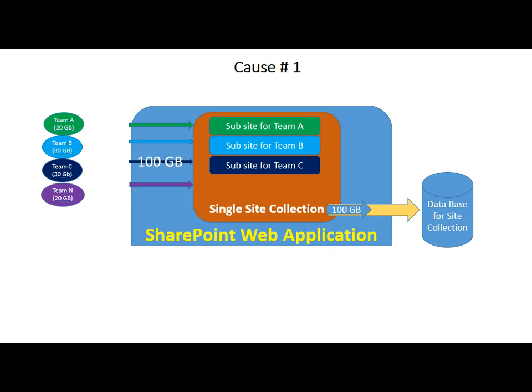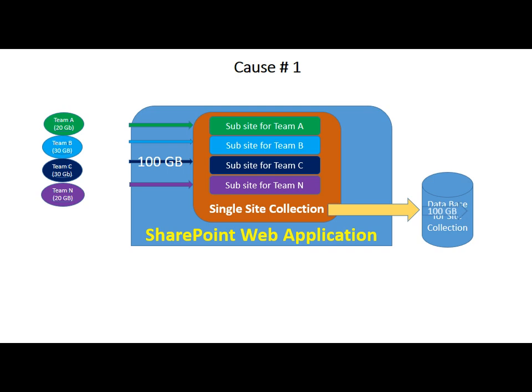So a total of 100 GB of data will be saved through this site into the SharePoint database. This 100 GB is being stored in a single database instance. That's why your database size is growing: all the teams are interacting on a single site collection through their subsites, and they are saving data in a single database.